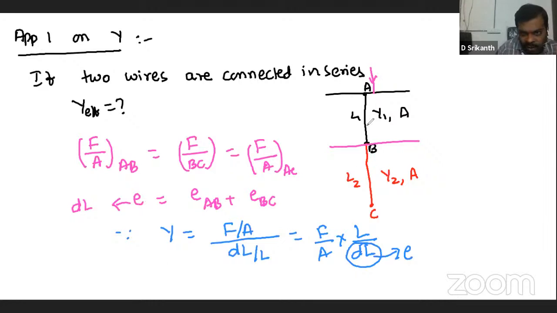So I can write the total length. What will be the total length? AB length means L1, BC length means L2. Whenever I combine these two wires, or if I consider AB and BC as one wire, what will be the total length?